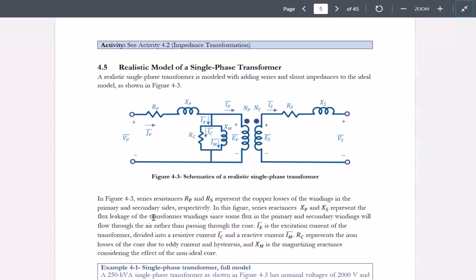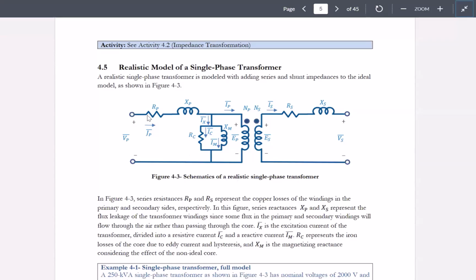Now let's go to a more realistic model of a single-phase transformer. So we're adding these components to the two sides of the ideal transformer in order to make it a more realistic type of transformer. These components are in the form of resistances and reactances.